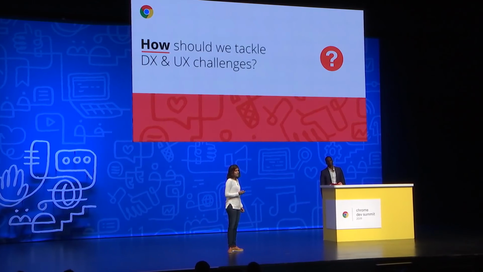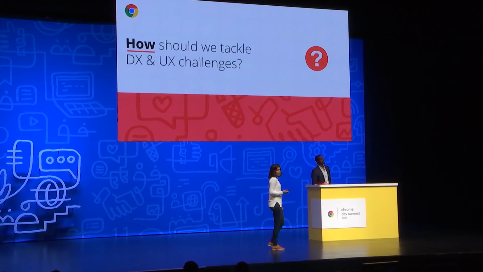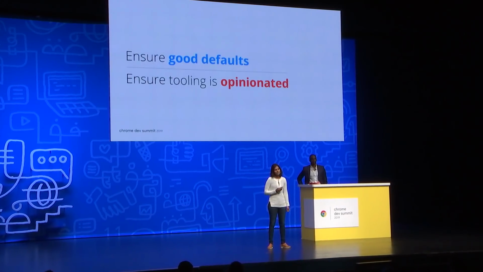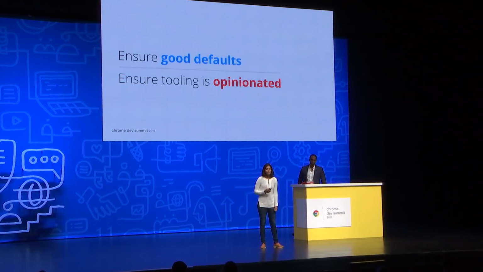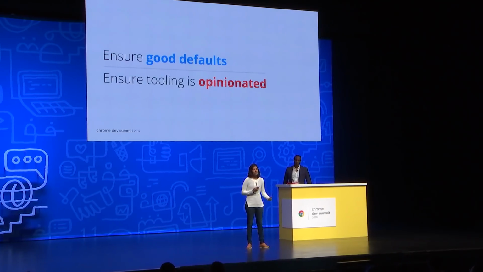So how should we invest in the framework ecosystem to address both DX and UX challenges? We think there's a big opportunity here for tooling to help with both of these problems, in particular by bringing good defaults and by being opinionated. So I want to take a moment here to define this notion of what we decided to call a web framework.